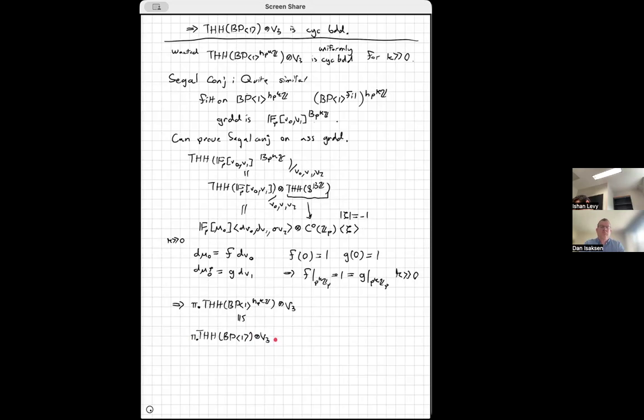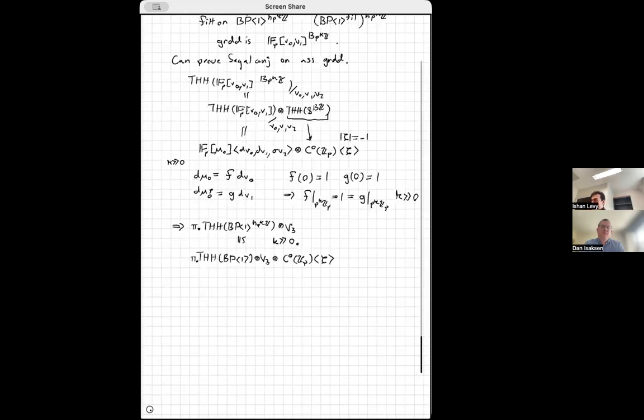And then you just tensor with the continuous functions on Zp, and then you add this extra exterior class on zeta. And that's all you're doing for k sufficiently large. So it kind of looks the same as it would have looked for the trivial action.